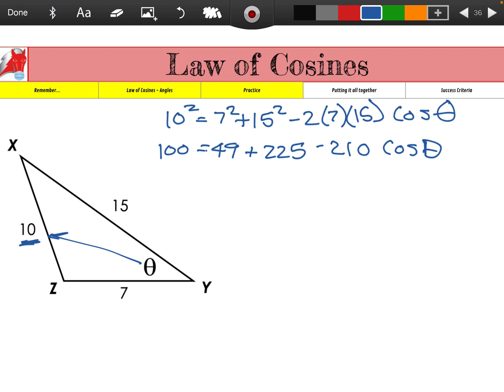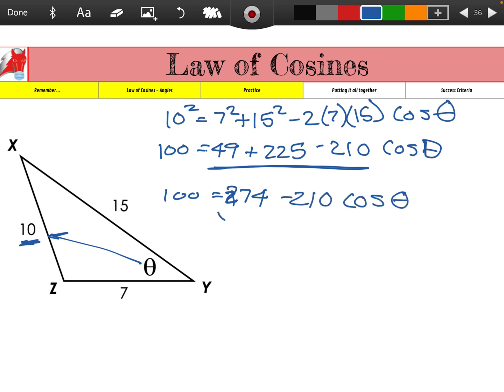Again, do not add and subtract all of these together. That does not work. I'm going to actually do one more step. 100. Oh, what is this? 174. 274. 274. 210.